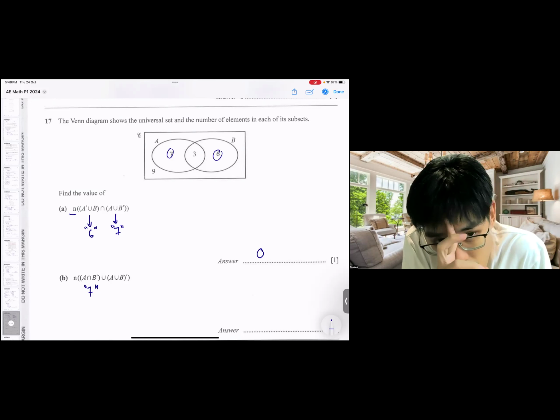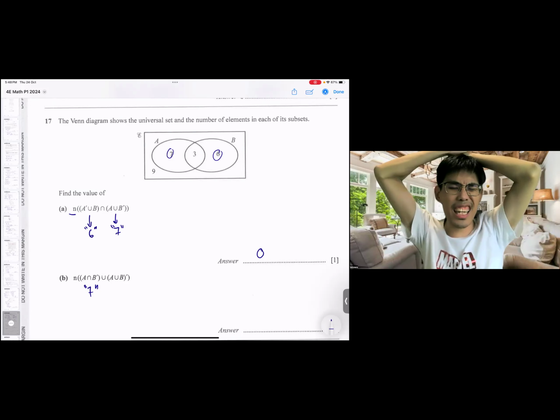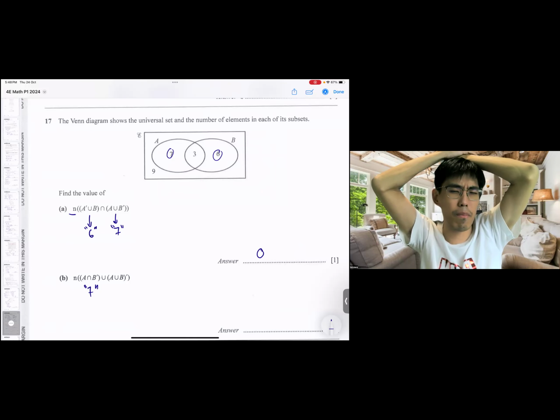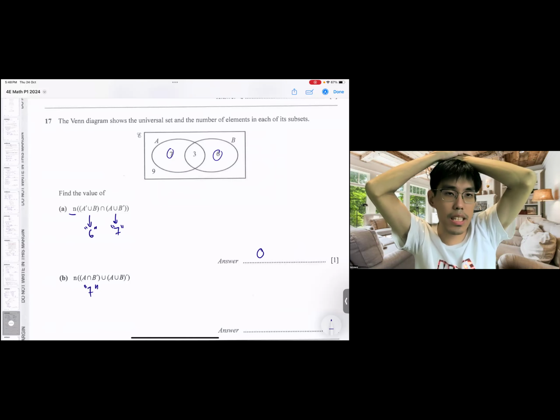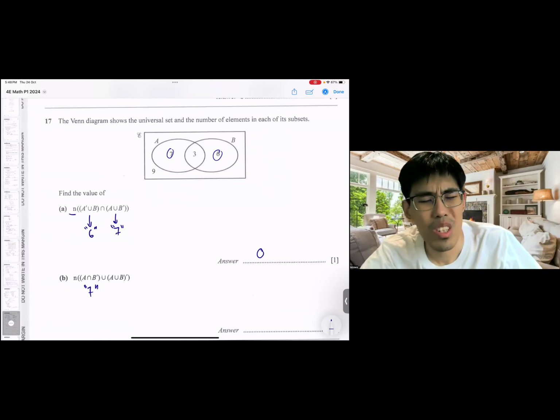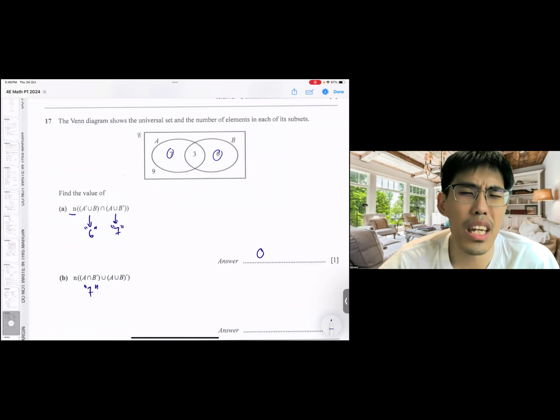A intersect B prime, A intersect B prime. 7 also. Seems to be 7 also, because one element only. A union B prime.